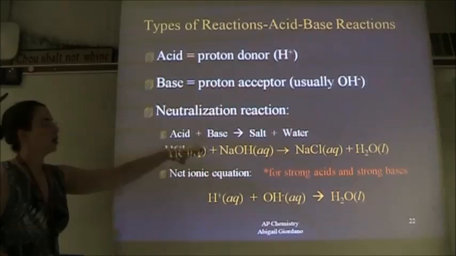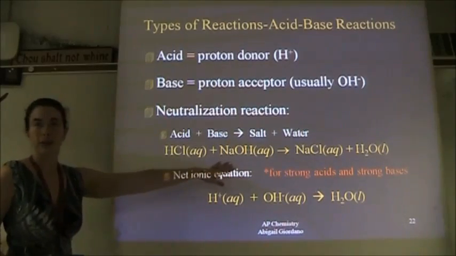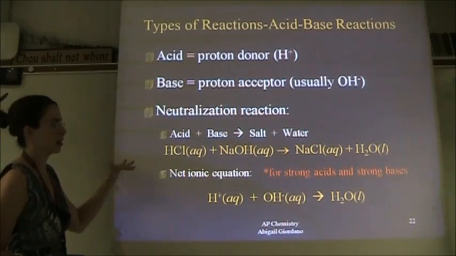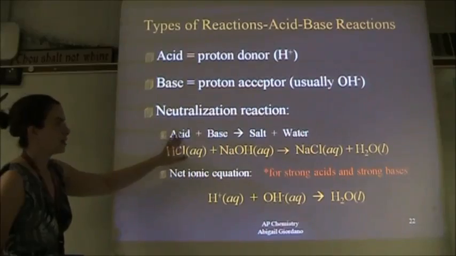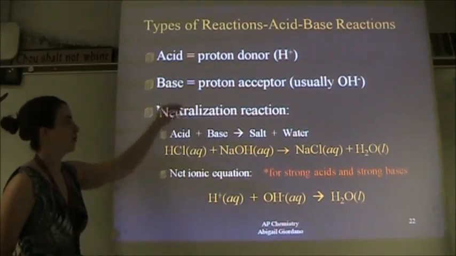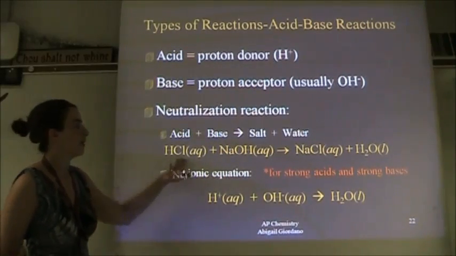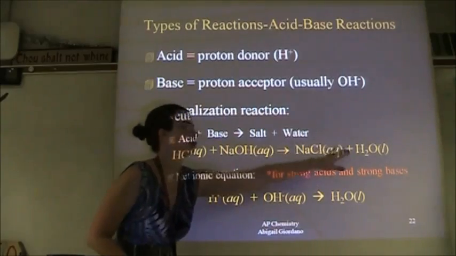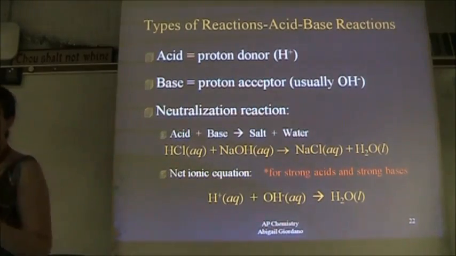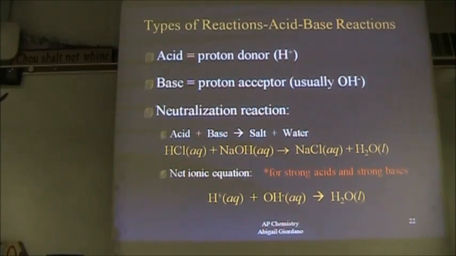All right, so this particular example of a neutralization reaction, acid plus base, that's true for any neutralization. In this particular case, we get a salt and water. Some of your Chem 1 classes defined neutralization as acid plus base yields salt plus water.